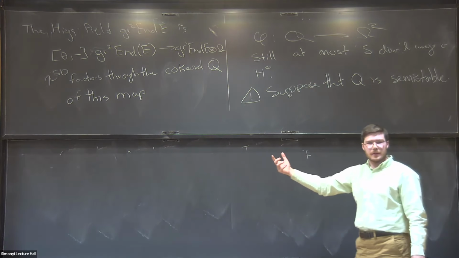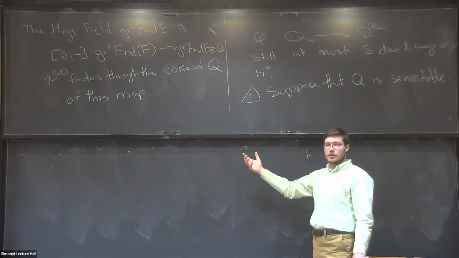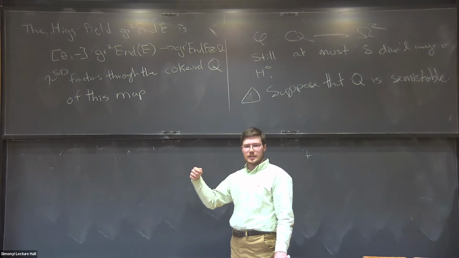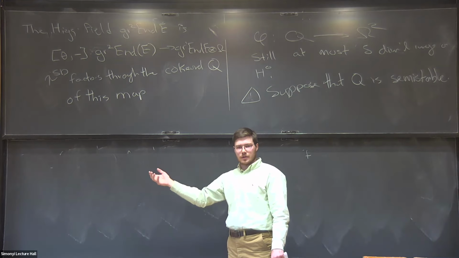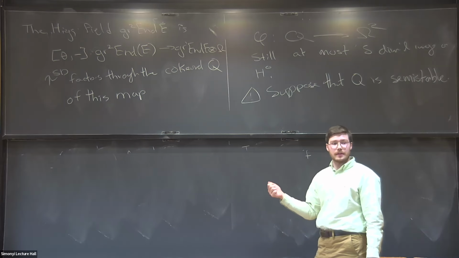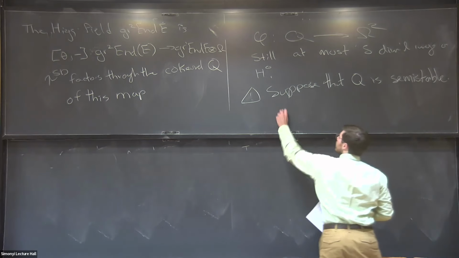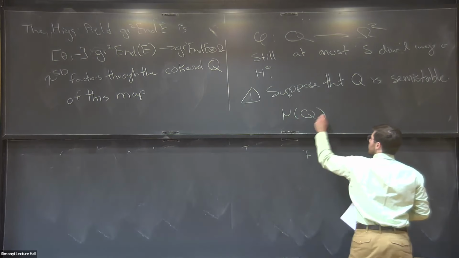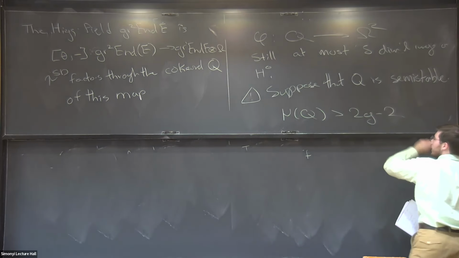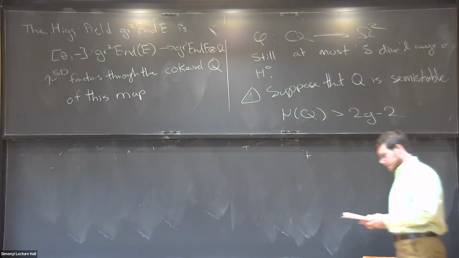That itself is a bundle, and that's itself a quotient of just the endomorphisms of E. Endomorphisms of E has degree 0, and omega has degree 2g minus 1. And so the stability of the Simpson filtration gives you that this quotient has to have slope at least, or actually strictly greater than, 2g minus 2. So that's what we're going to use for this analysis.